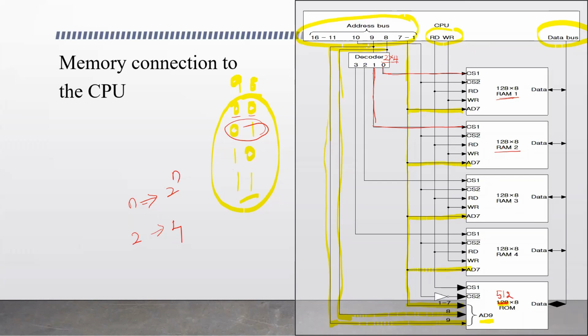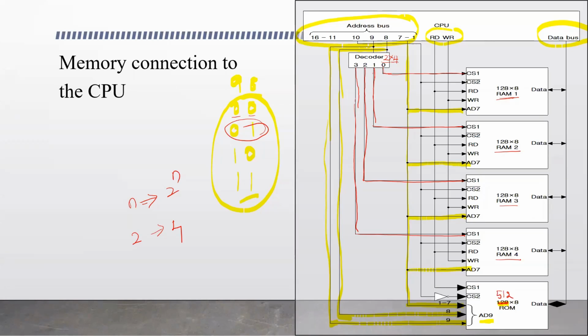If bits 9 and 8 are 1 and 0, the decoder output will be 2, and it is connected to the first chip select line of RAM 3, so it selects RAM 3. And if the decoder output is 3, it selects RAM 4.